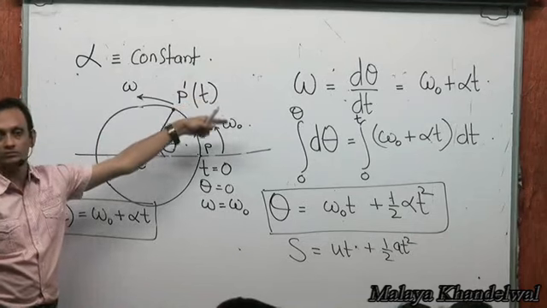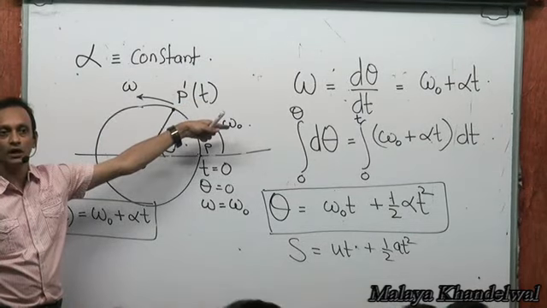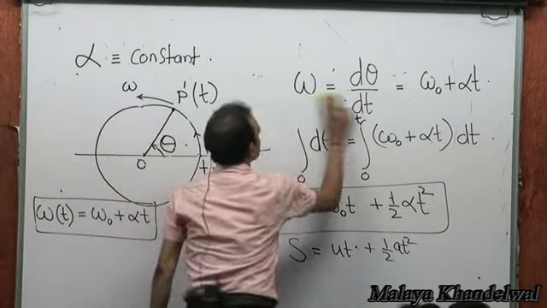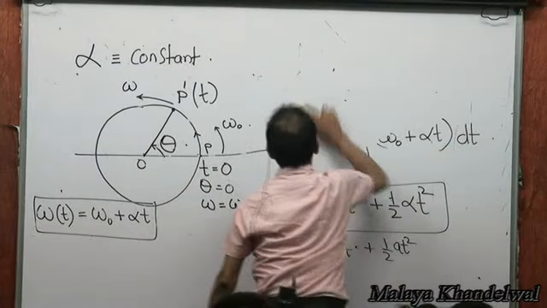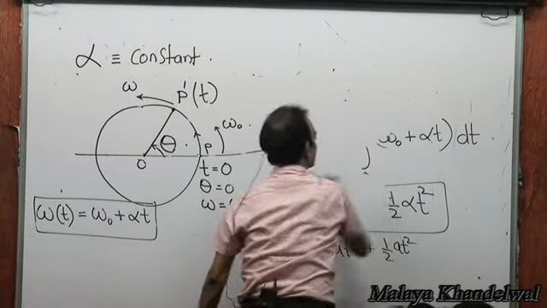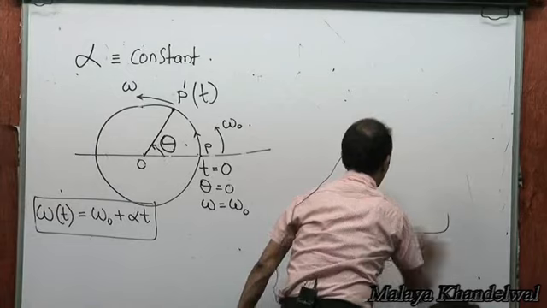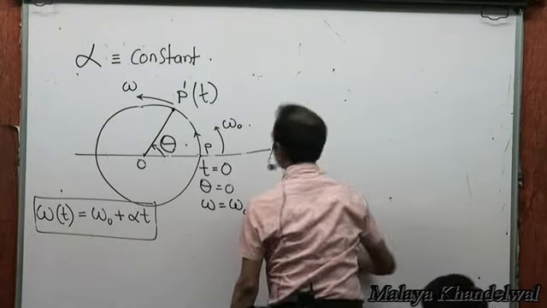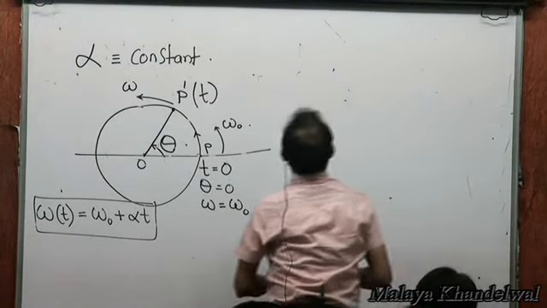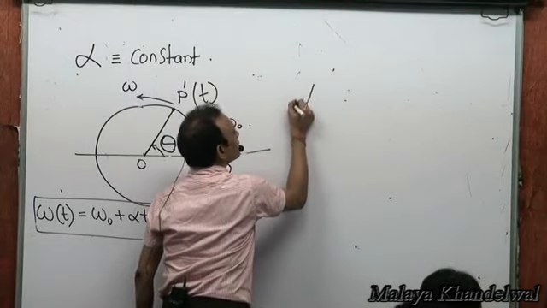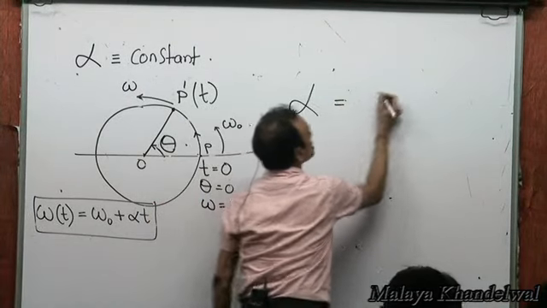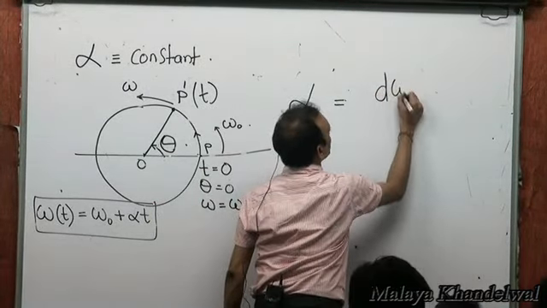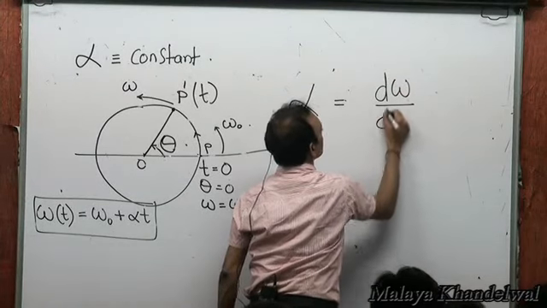Now, if you are done with it, can I wipe it off? Now alpha, realize, is d omega dt. That's alpha, isn't it?